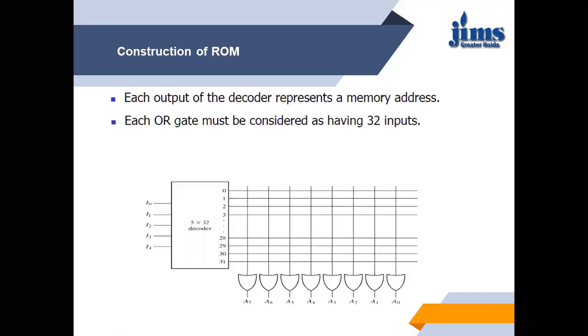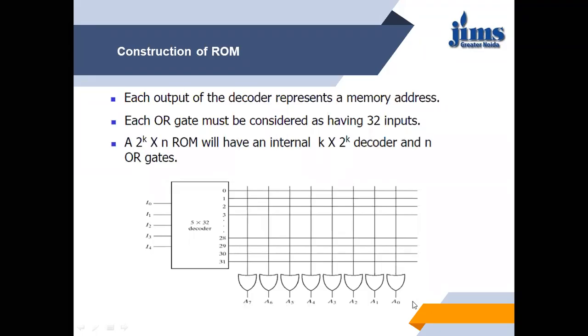Each OR gate must be considered as having 32 inputs. We have shown in an earlier slide how to symbolize an array. So this is an array, and each array has 32 inputs. The word size is A0 to A7, that is 8 bits.